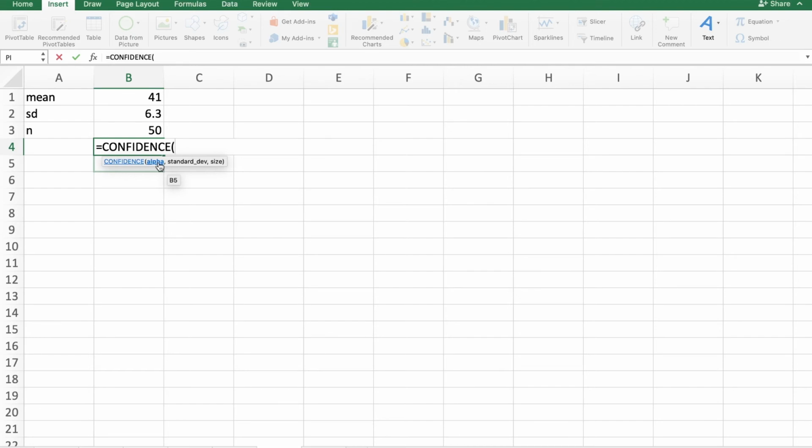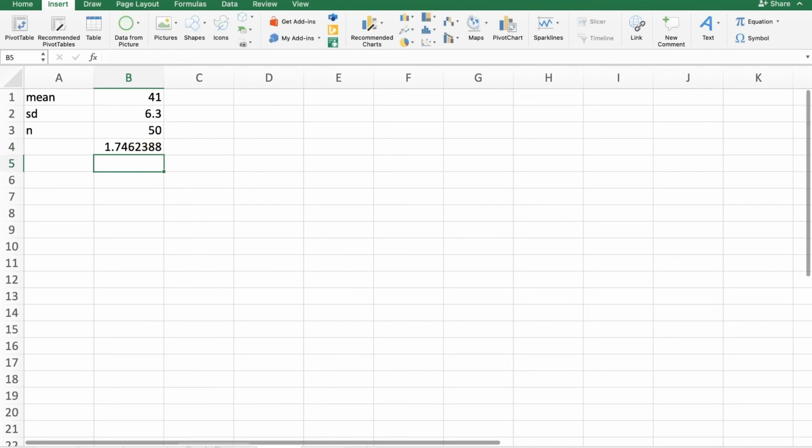So 1 minus 95% is 5%. Converted into decimal is 0.05. Next, what is required is the standard deviation, which is 6.3. And then comma, size is N, number of observations, is 50. And close it in a pair of parentheses, and that's it.